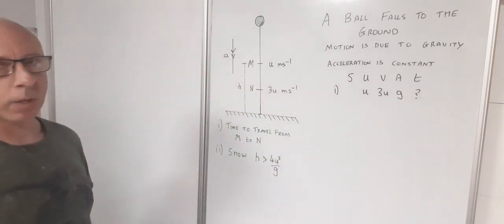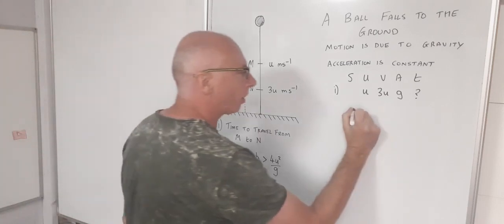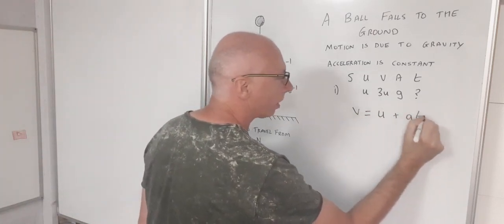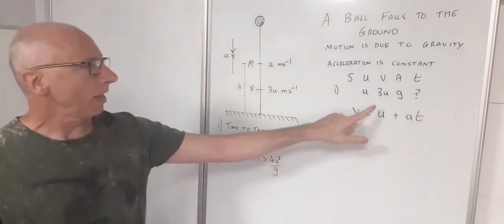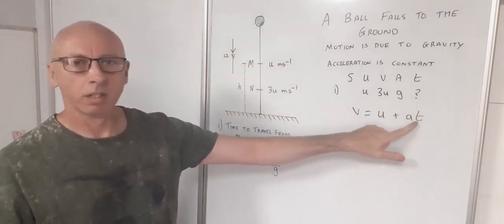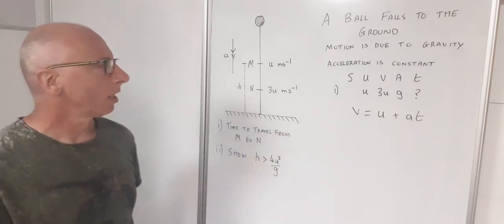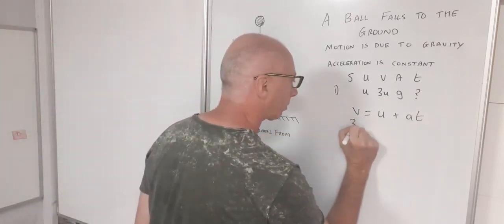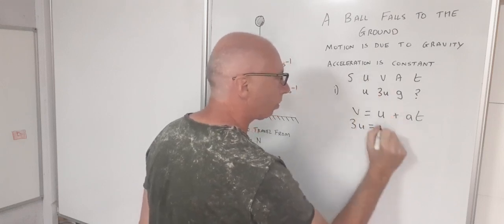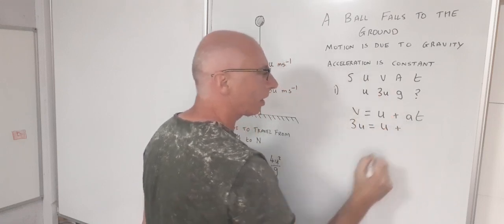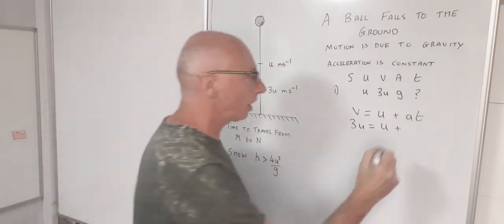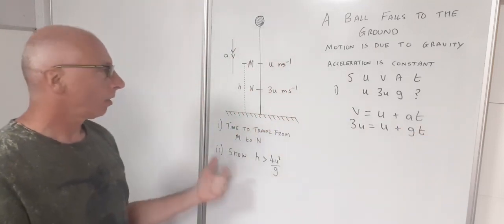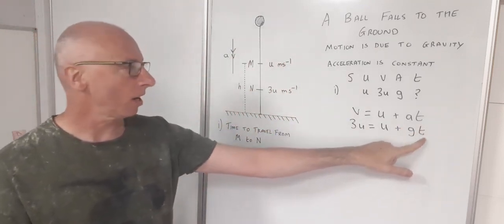So for that we can use the equation velocity equals the initial velocity plus acceleration times time. That way we can get an equation for time. So V is our velocity, so that's 3u, and that equals u plus acceleration, which is g, multiplied by time. What we want to do now is get t on its own.